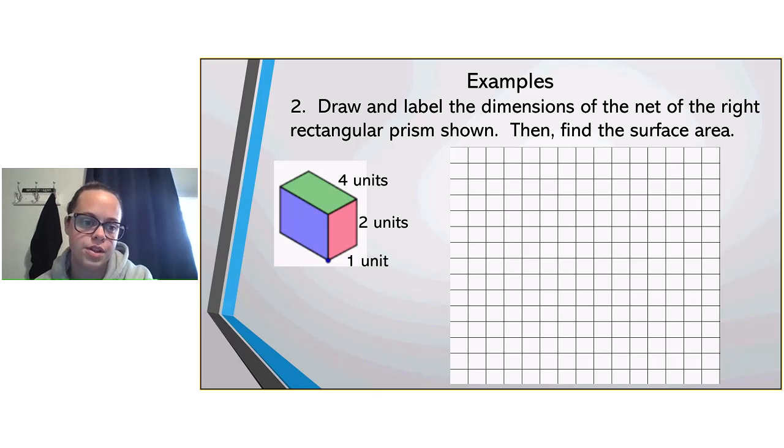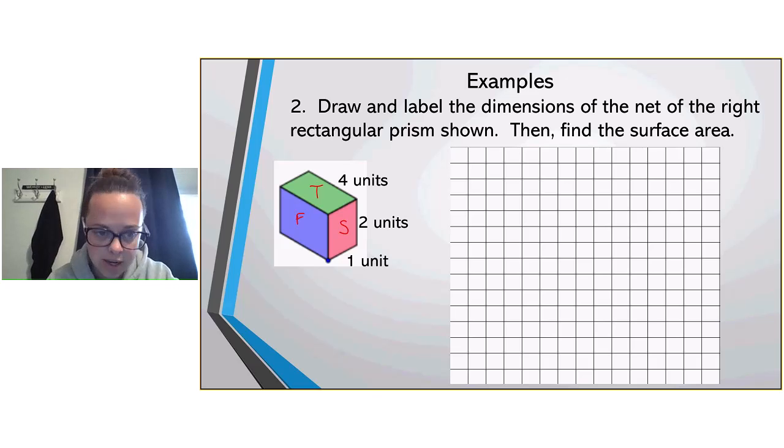I'm going to call this the front and this the top, and this would be just one of the sides. So there's the front, the top, and the side, and remember each of these faces that we can see has a partner. So the front, there's one in the back, the top has an identical rectangle on the bottom, and the side has an identical rectangle on the other side.